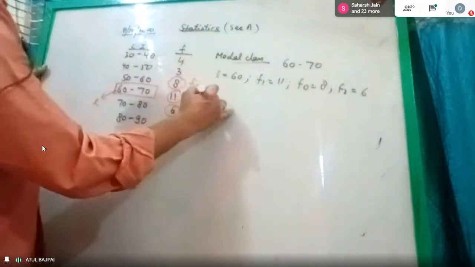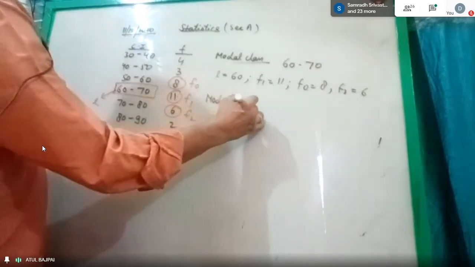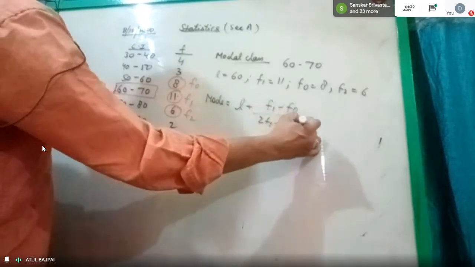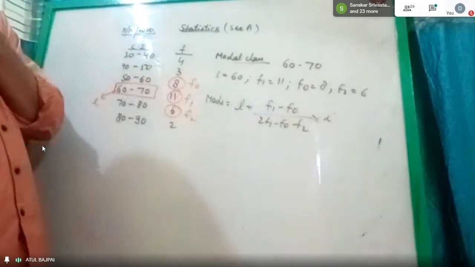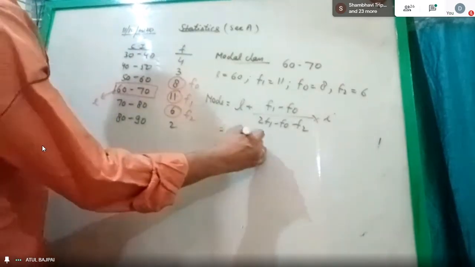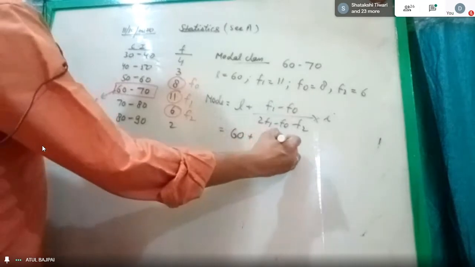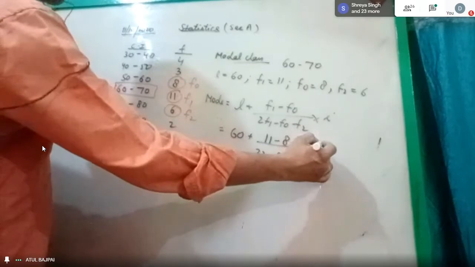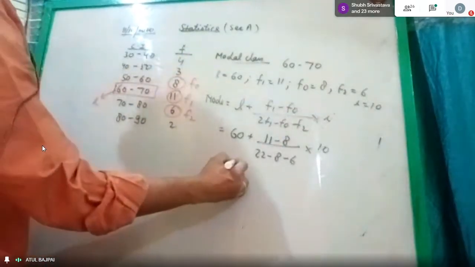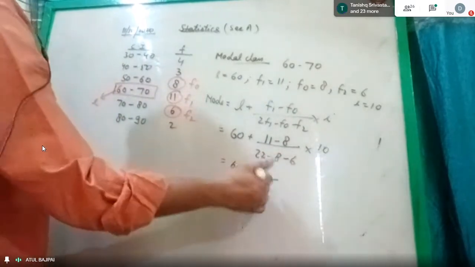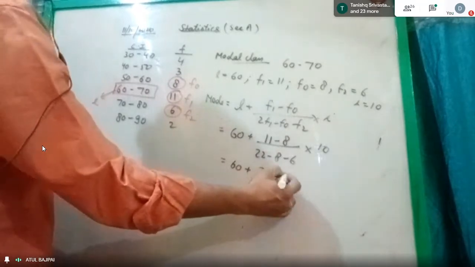Now we apply the formula. Mode equals L plus (F1 minus F0) upon (2F1 minus F0 minus F2) into h. Check the formula, whether it is the correct formula or some change. When we simplify, 60 plus 3 upon 22 minus 8 minus 6, that is 14, 14 minus 6, how much? 8.